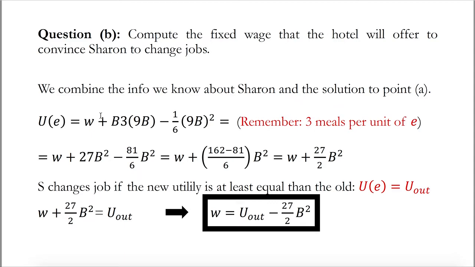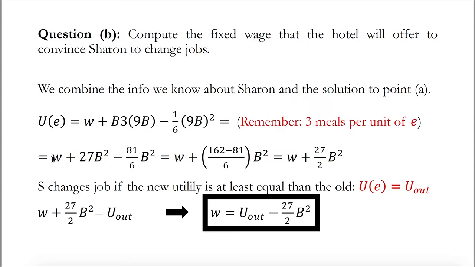So the utility now looks like wage plus b times 3 times 9b, remember 9b is the optimal level of effort, minus 1 over 6 times (9b) squared. This is exactly the utility as in point A, but we have just substituted E with 9b, the optimal level of Sharon.